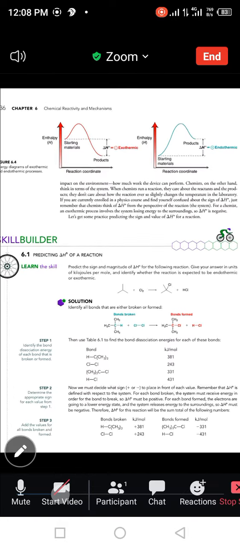Reactants are present over here, which means the reactants have a sufficient amount of enthalpy, and these reactants have to convert into products. The products are at the lower position. So products have the lowest, minimum enthalpy, and reactants have maximum enthalpy. In order to convert reactants into products, reactants have to overcome this barrier.